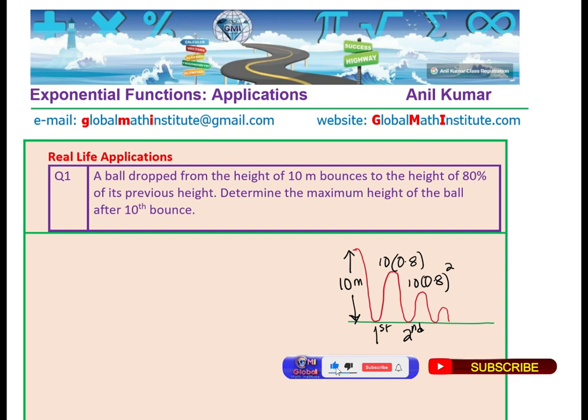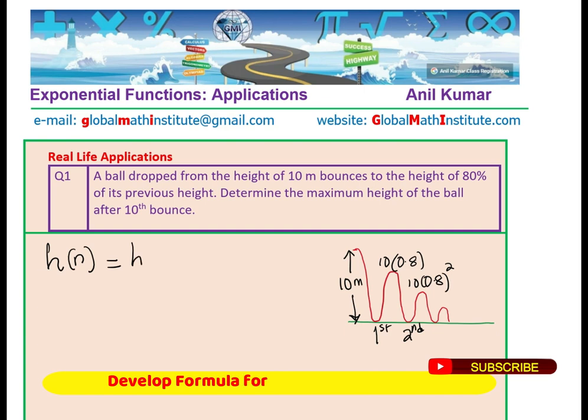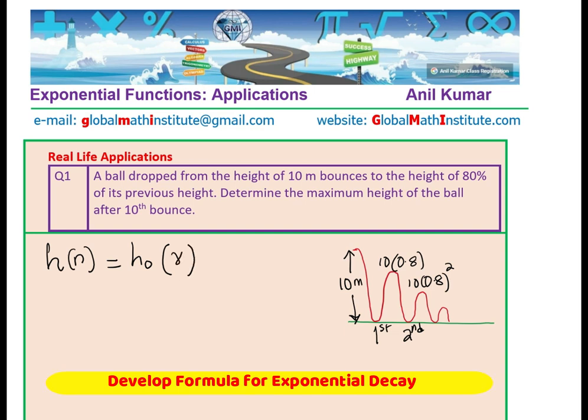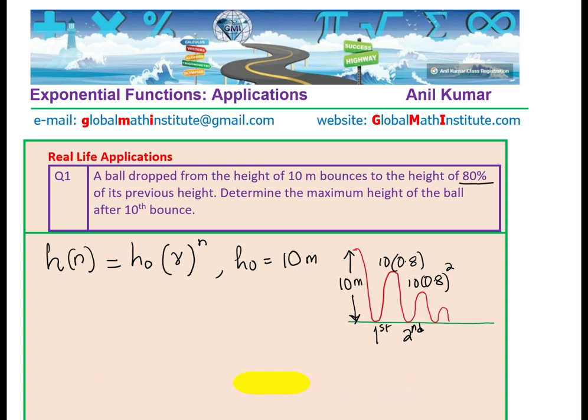So basically, we can say that the height after every bounce, let's say the number of bounces is n, will be the initial height, which is a0, times the factor, which we call r, to the power of n. In our case, the initial height is equal to 10 meters, and the decay rate is 80% of the previous.